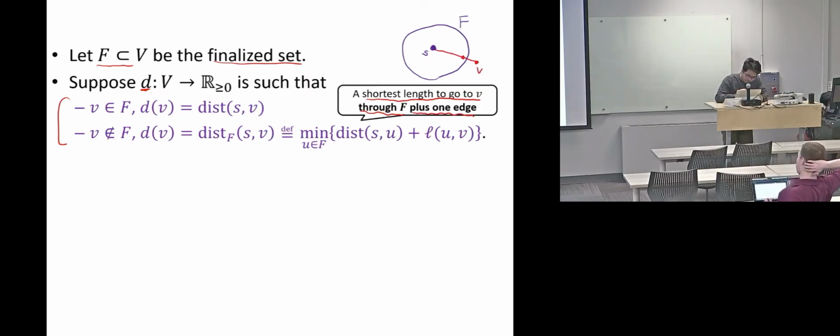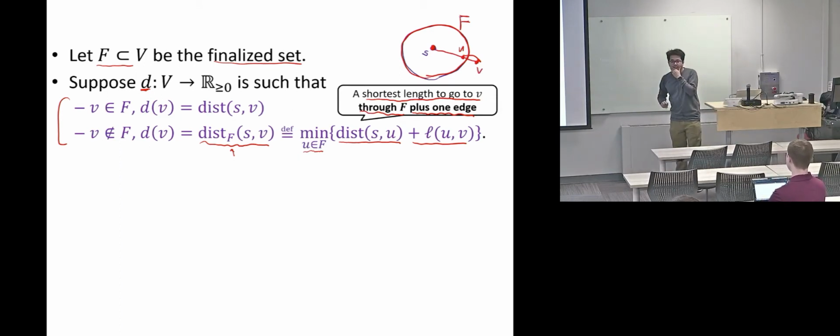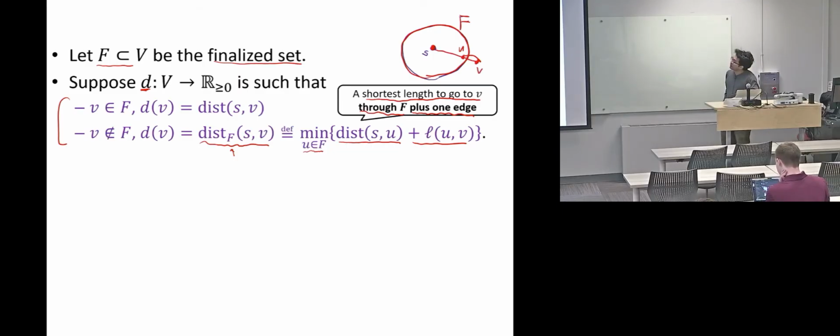That is, F is like a ball around s, right? And we're just going to say that the distance from s to v with respect to F is just minimizing over every node u in F, taking the distance from s to u plus one more edge from u to v. Okay. And the key claim is this.